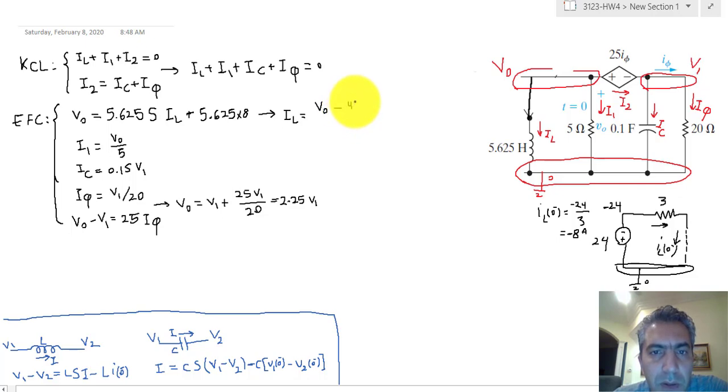Minus 45 divided by 5.625 s. Rewrite this to make sure we can again distinguish. This is s and not 5.